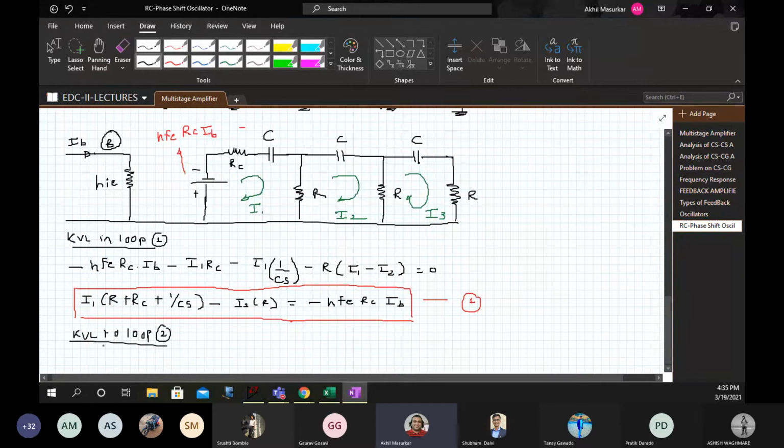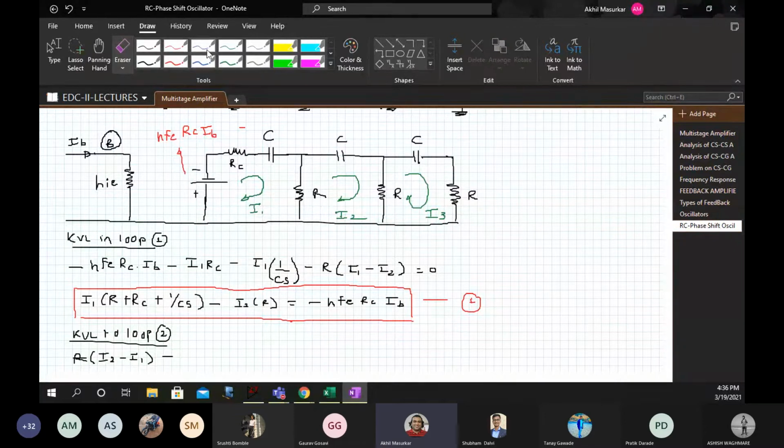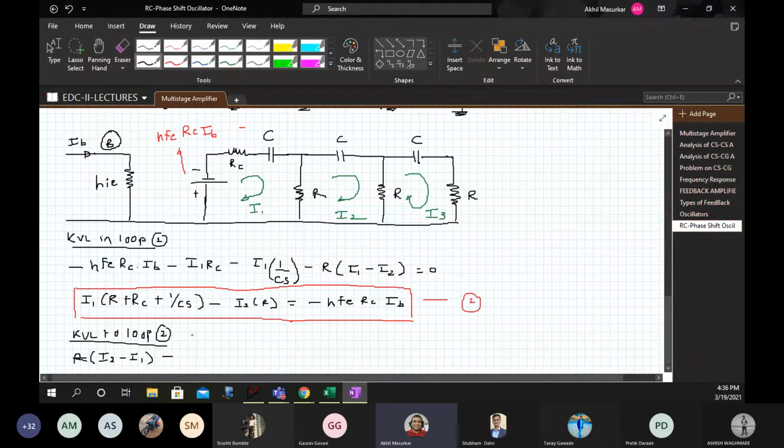Here I can write minus, so first one is R, so I will write R into I2 minus I1, minus 1 by CS, not C, 1 by CS into I2, minus R into I2 minus I3 equal to 0.